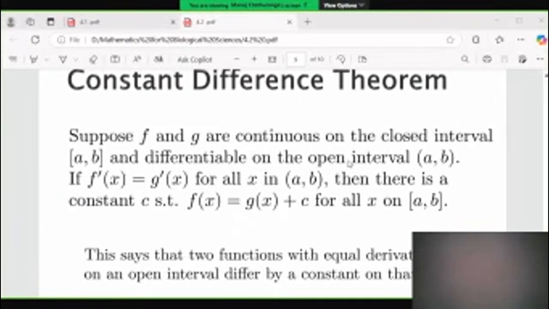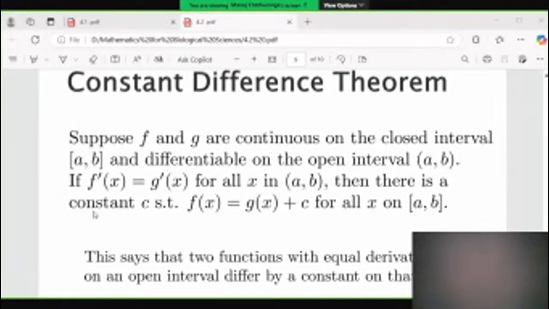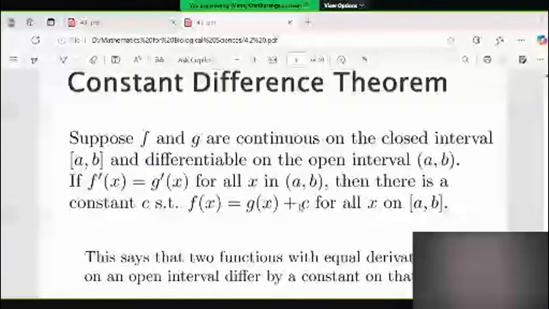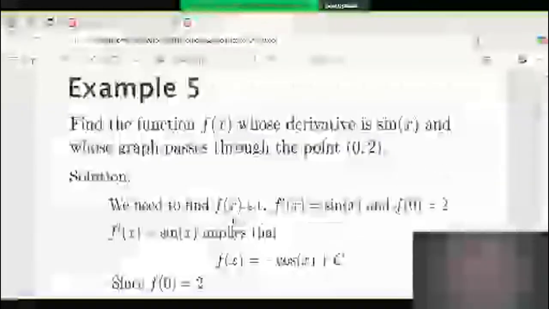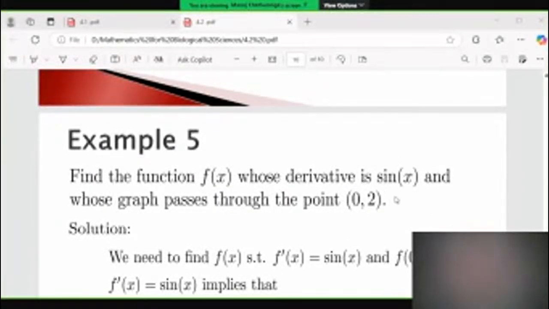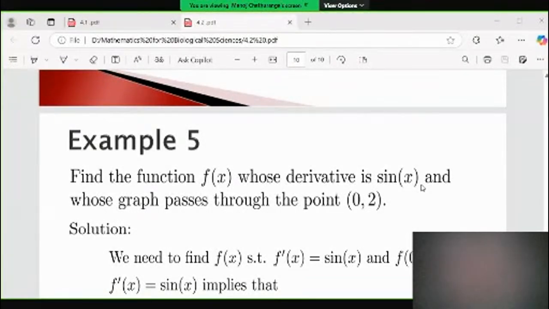The constant difference theorem says if two functions share the same derivative, they are equal up to a constant. You can obtain one by adding some constant to another. So here we have a function whose derivative is sin x, and we already know a function whose derivative is sin x.